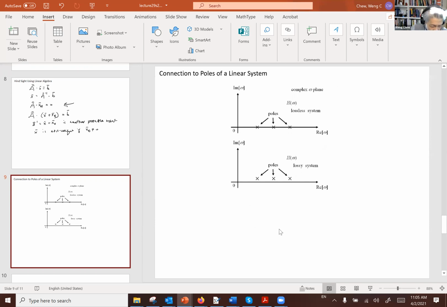We can look at the LC tank circuit for inspiration again. If I have an L and a C, you can solve for the current I using the phasor technique, or frequency technique, and define the transfer function to be I of omega over V of omega, taking V as the input and I as the output.